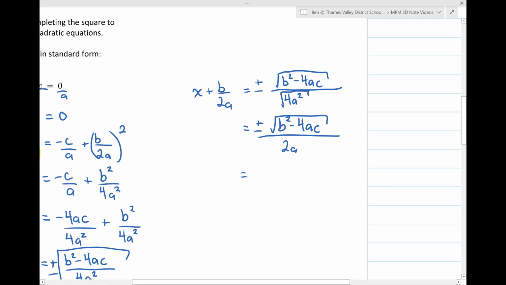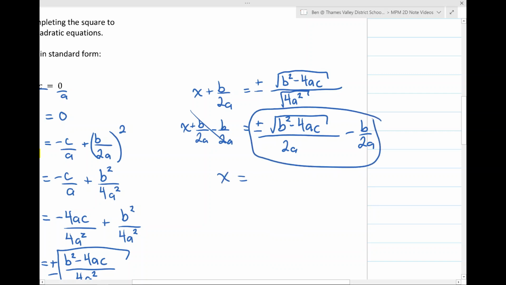If I'm subtracting b over 2a from both sides, actually I can do it up here, minus b over 2a, and down here that leaves me with x plus b over 2a minus b over 2a. Those will cancel out, leaving me with simply an x on the left-hand side. And I can reorder this to write my second term first.